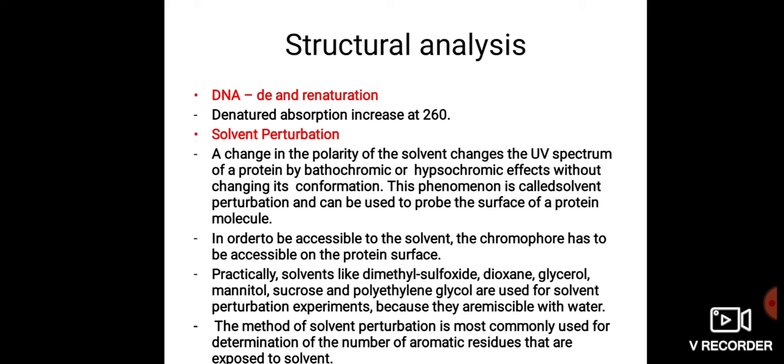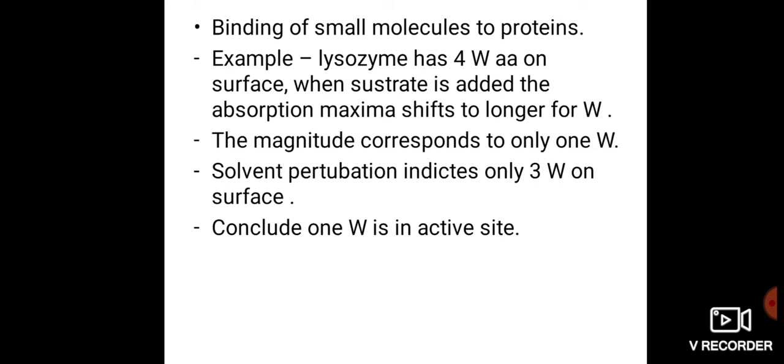This method is most commonly used to determine the number of aromatic amino acids present, and binding of small molecules to the protein can also be studied by this method. For example, lysozyme has four tryptophan amino acids on the surface.